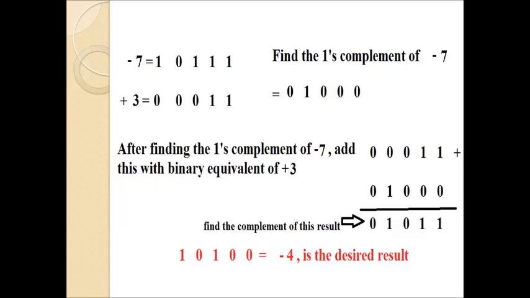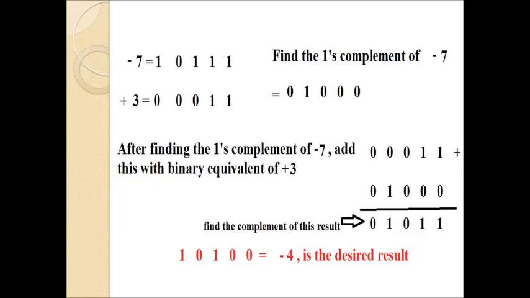Okay, so here we find the ones complement of the negative number. On the screen you can see, find the ones complement of -7, and the result is shown. After finding the ones complement of -7, what we have to do is add this complement with the binary equivalent of +3.